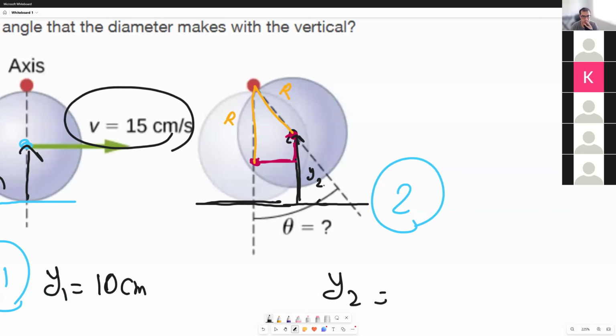Why then 20 minus 10 cos theta? Oh, because the diameter is 20 and the difference between the diameter and y2 is 10 cosine theta.